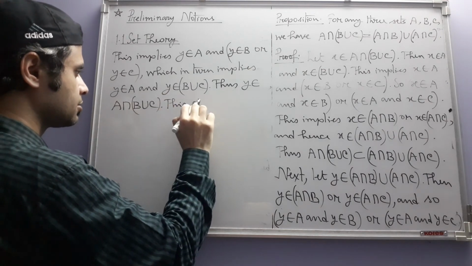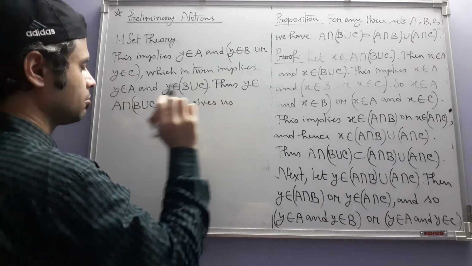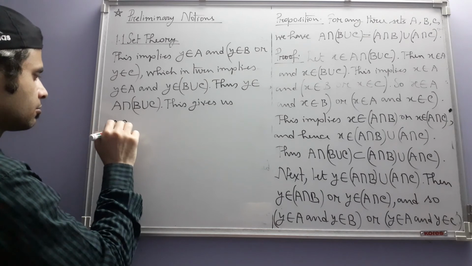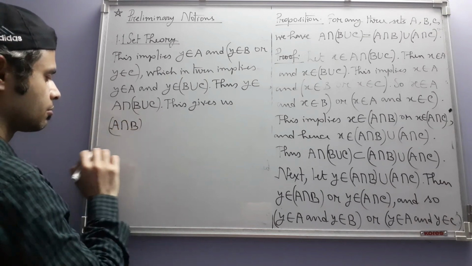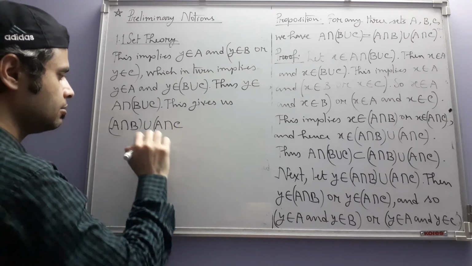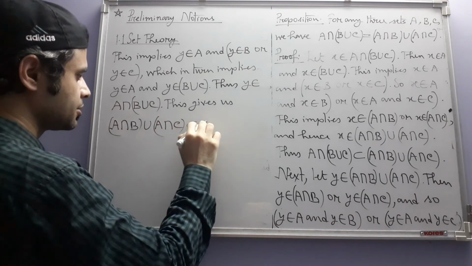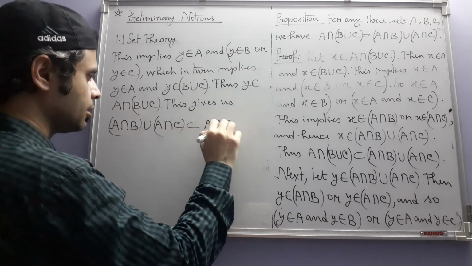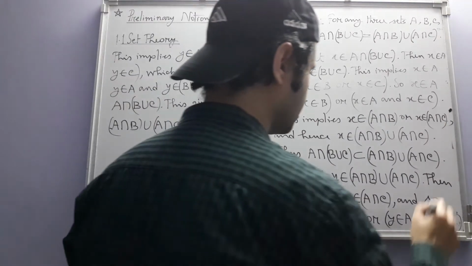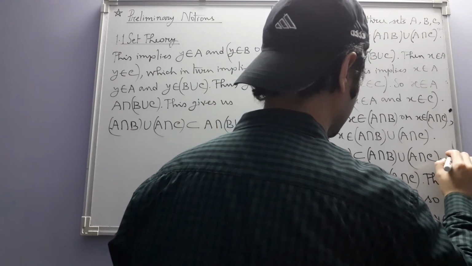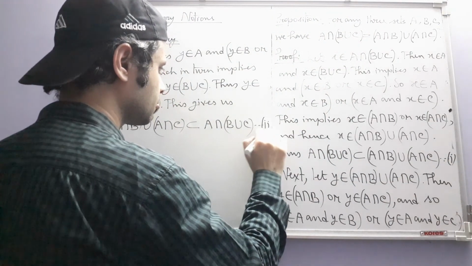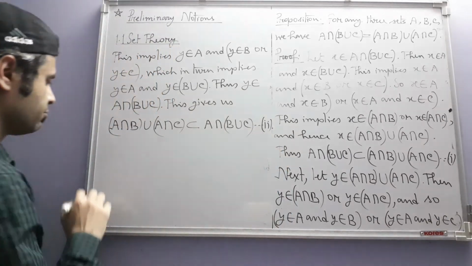This gives us the other containment. A intersection B union A intersection C is a subset of A intersection B union C. If you want, you can give numbers to these relations, so that now you can refer.